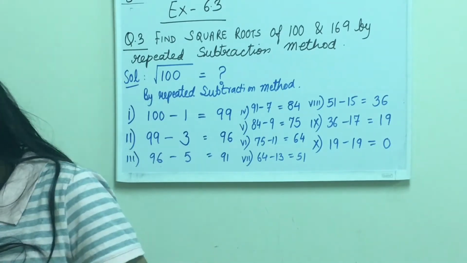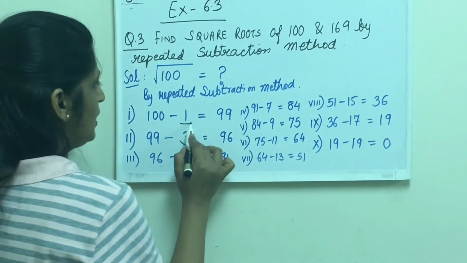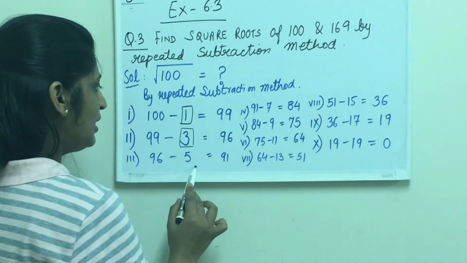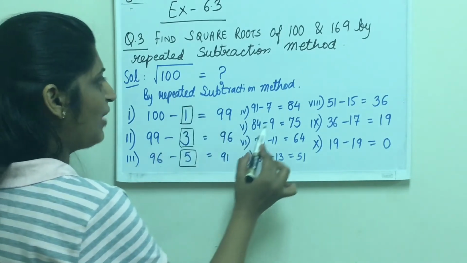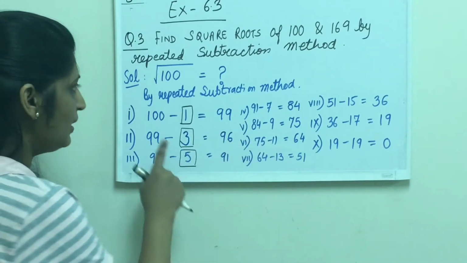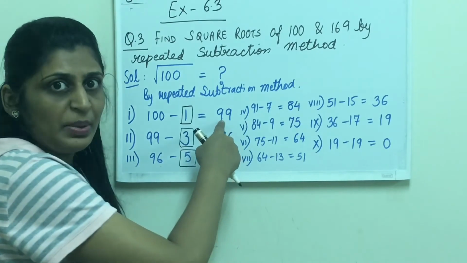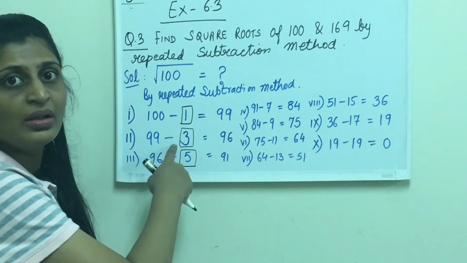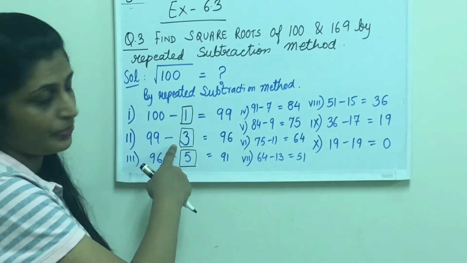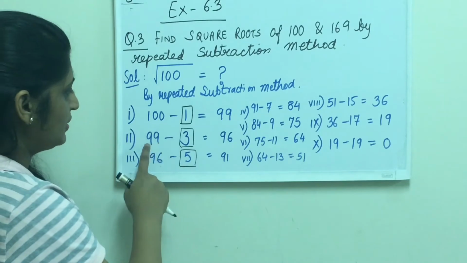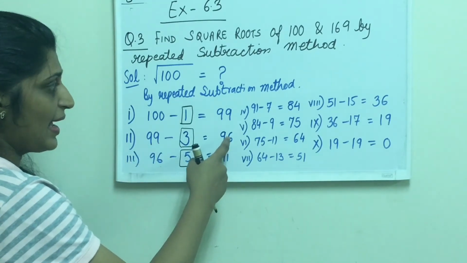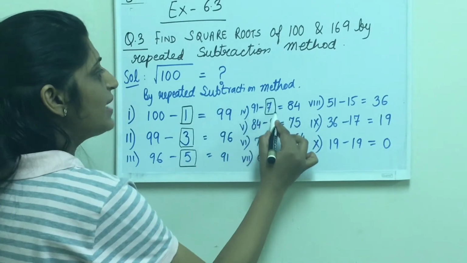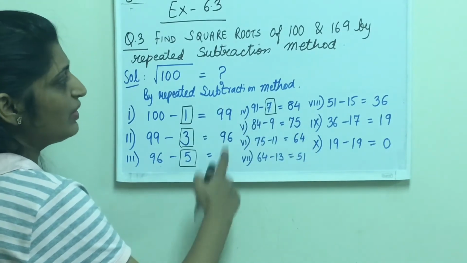I first subtracted 1, then 3, then 5. Whatever answer I got in the previous step, I subtracted the next consecutive odd number from it. So 99 less 3 is 96, then I subtracted 5, then 7.